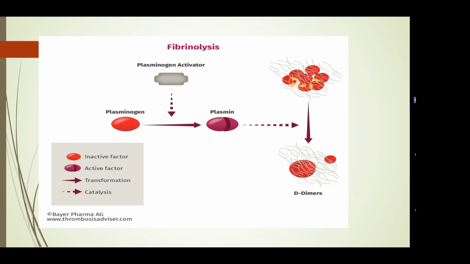And this plasmin has the capacity to break down the fibrin that was formed during clot formation. Break it down. Now we have these D-dimers. We also use these D-dimers in laboratory diagnostics.